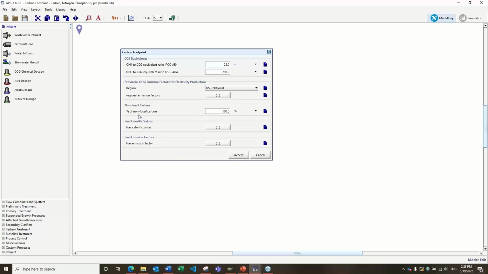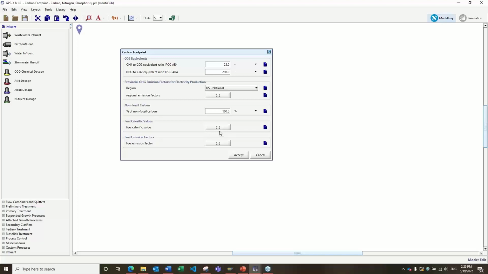The other part is setting up whether your carbon is coming from non-fossil or fossil carbon. Typically for municipal wastewater treatment plants, we take that this is all coming from a non-fossil or biogenic carbon. That's why we are putting 100%, which means that the system is going to take away all the carbon dioxide emissions that are being produced in the biological reactors.